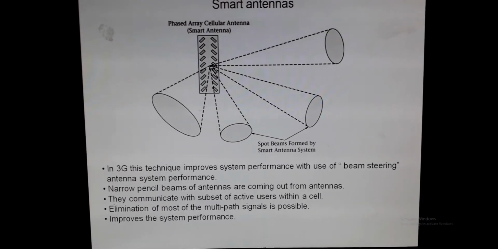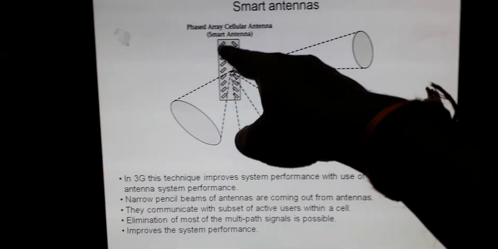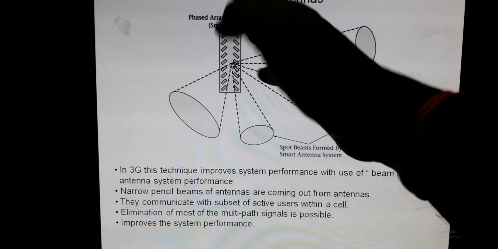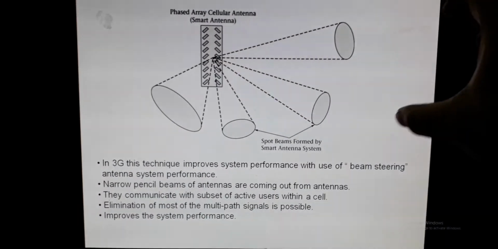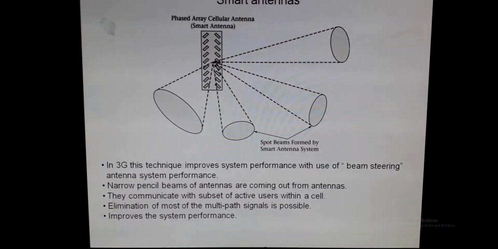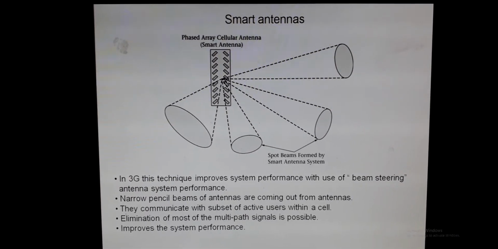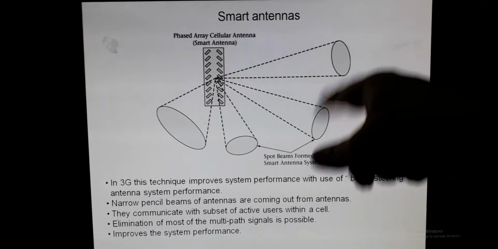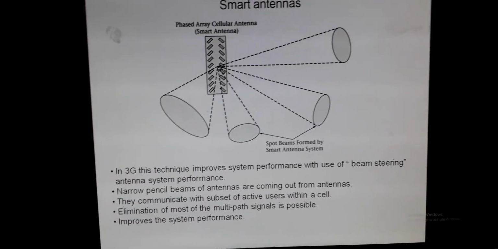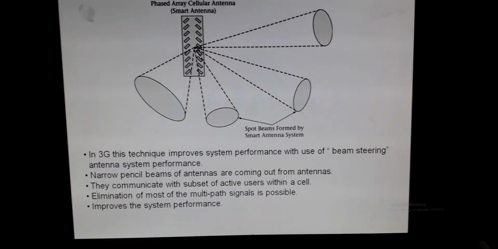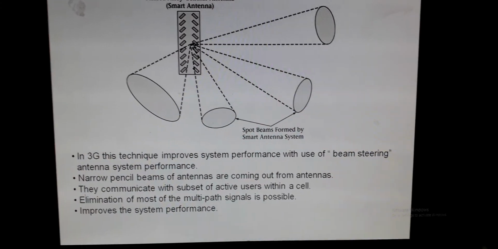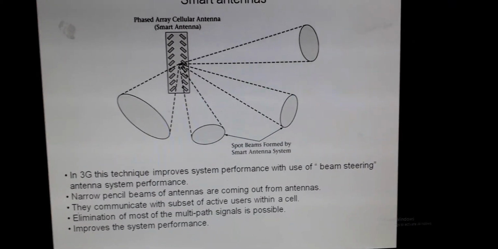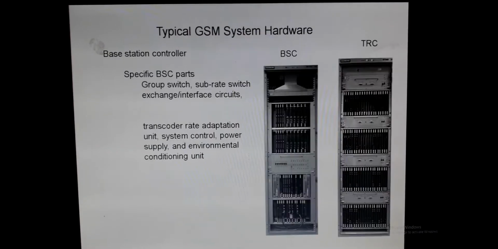Smart antennas are used. Here you can see vertical and horizontal elements 45 degrees apart, producing spot beams. This is already used in third generation. Pencil beams will be produced, and every beam may follow the mobile receiver or mobile station. Narrow pencil beams, it is smart antenna technology.